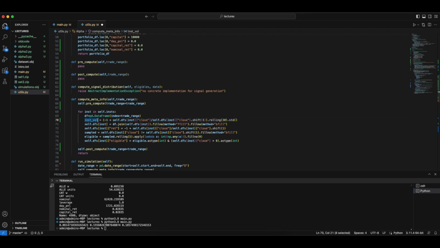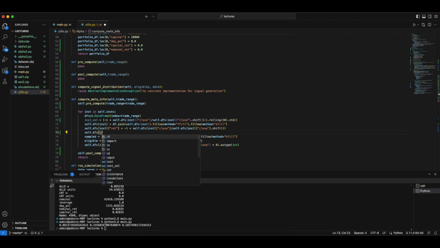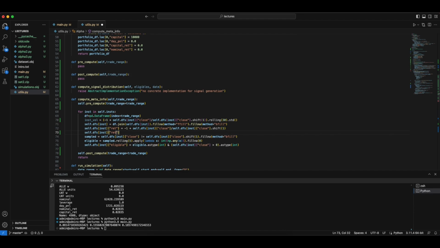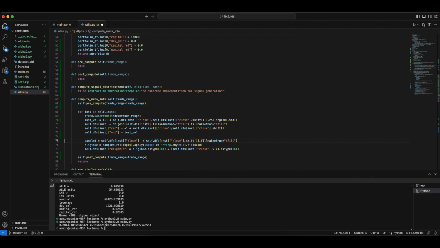So this is our instrument volatility. Okay, and we will put that here as volatility. And we will also do the fill, which is for the empty ones, so 0.